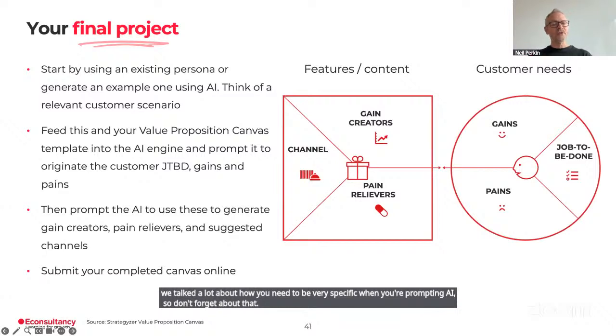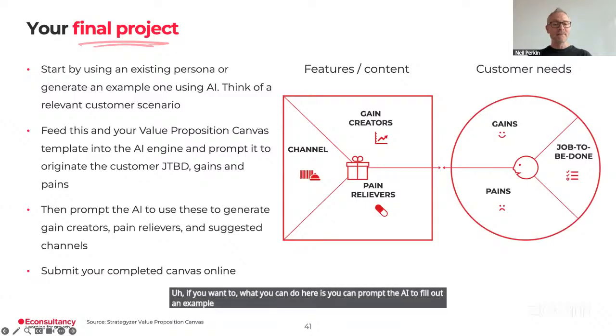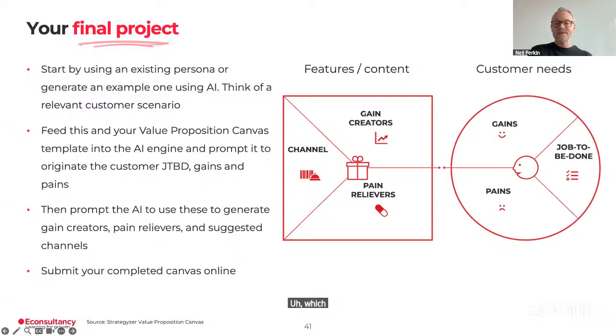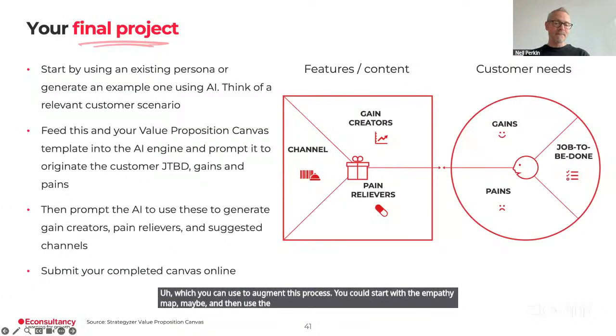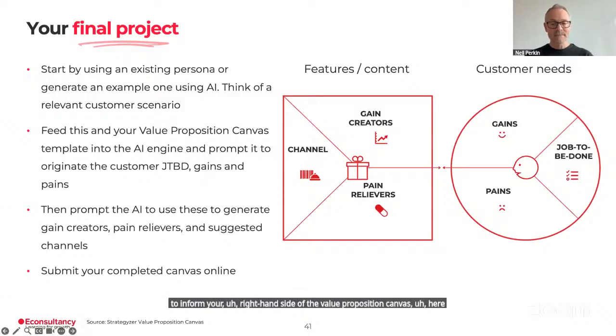If you want to, you can prompt the AI to fill out an example empathy map, which you can use to augment this process. You could start with the empathy map maybe, and then use the outputs of the empathy map to inform the right-hand side of the value proposition canvas, if you want to do that.